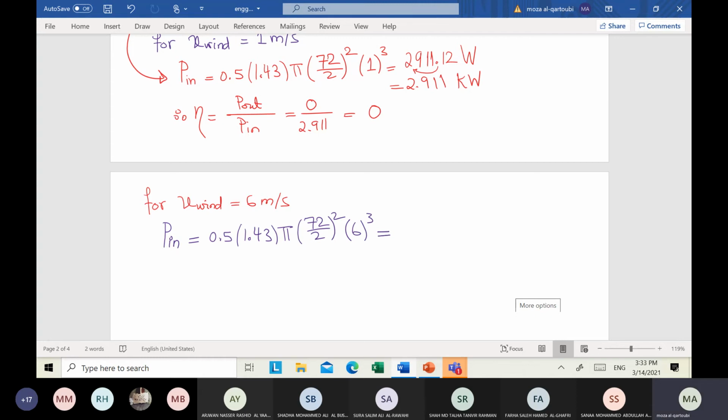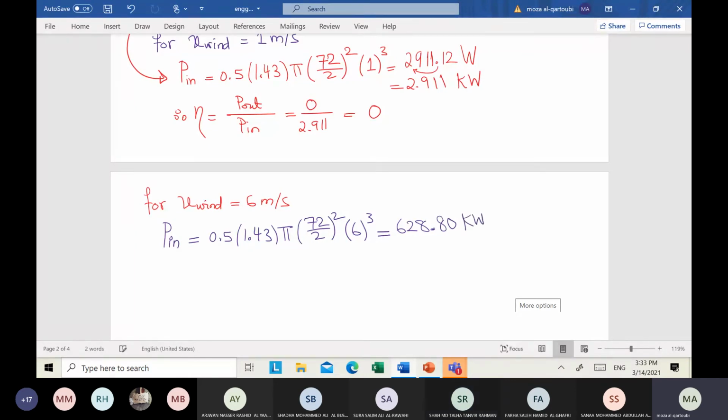So P wind equals 628.8 kilowatt, in kilowatt, yes.